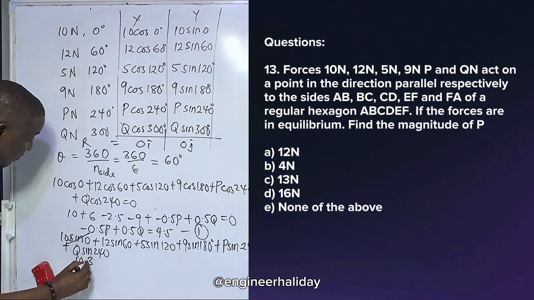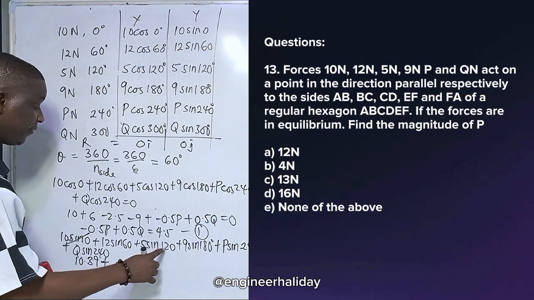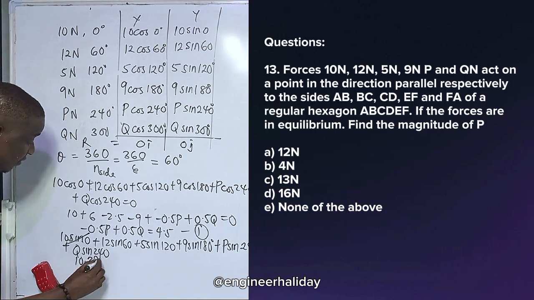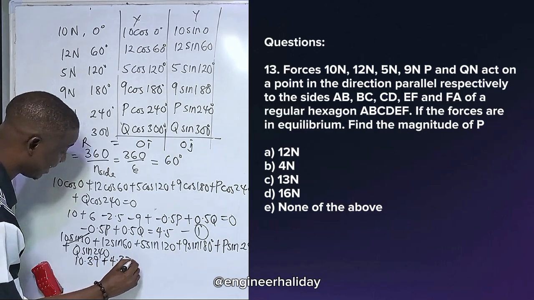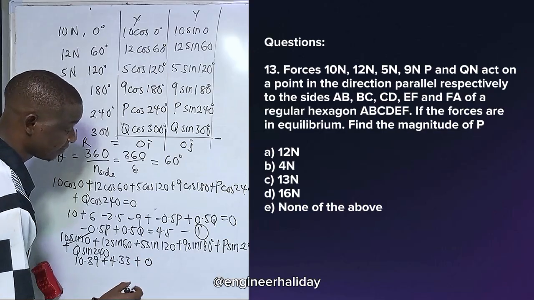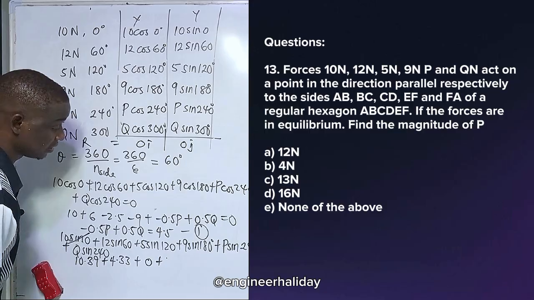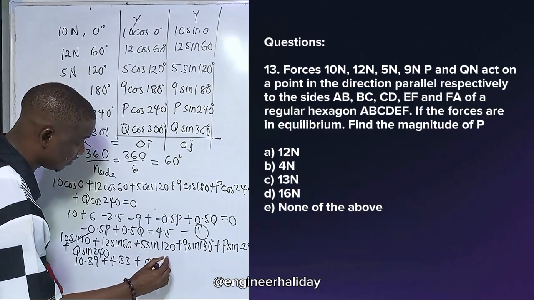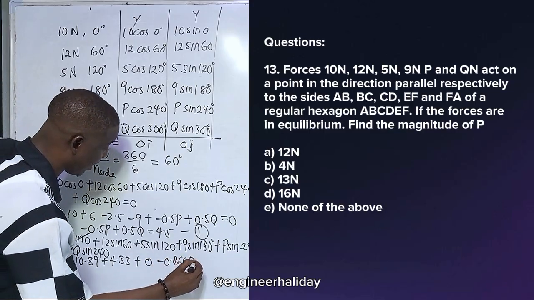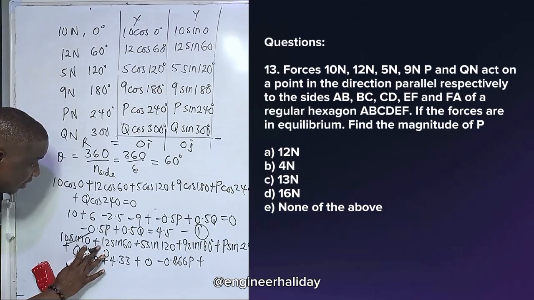That is 10.39. Plus 5 sin 120, that is 4.33. Excellent. 9 sin 180 is 0. Plus P sin 240, that is minus 0.866P, plus Q. Sorry, it is 300.